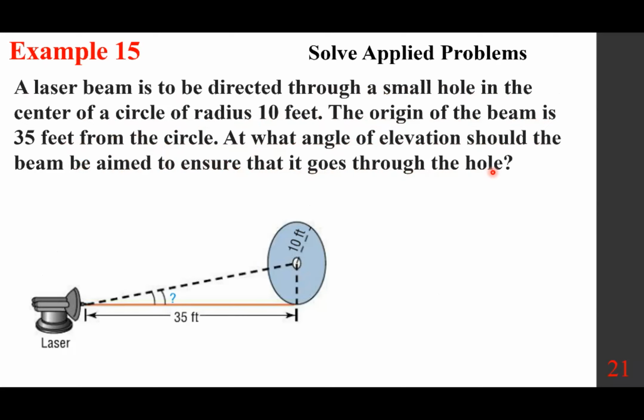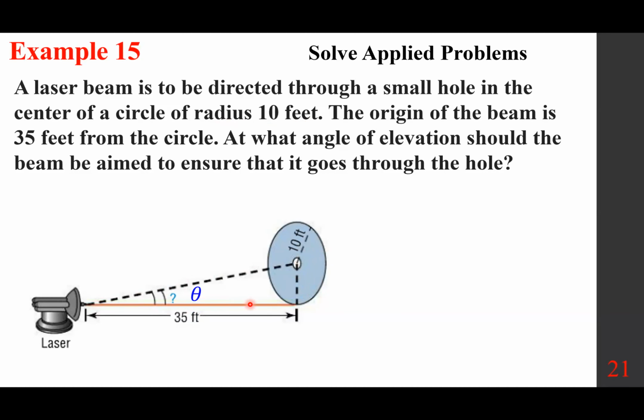So what we have here is this distance of 35 feet from the circle. We want to go through the center, and the radius is 10 feet. So we have to create this angle, theta. You can think of it as the angle of elevation.